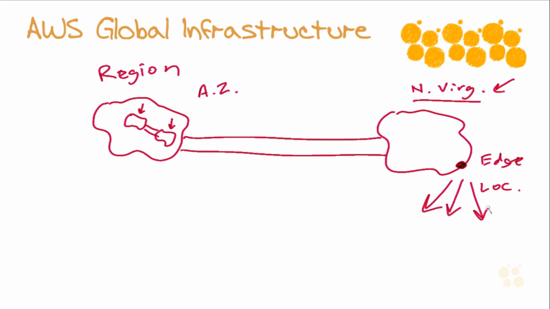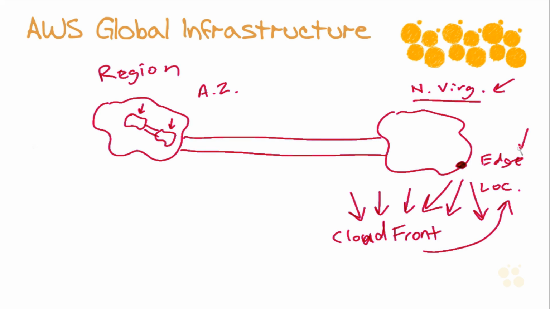It's for delivering content to them at a very high speed. Edge locations work with a specific service called, if I can spell it right, CloudFront. So CloudFront enables us to park or cache data inside of it and deliver it really, really fast via edge locations out to the users that want to consume that data.